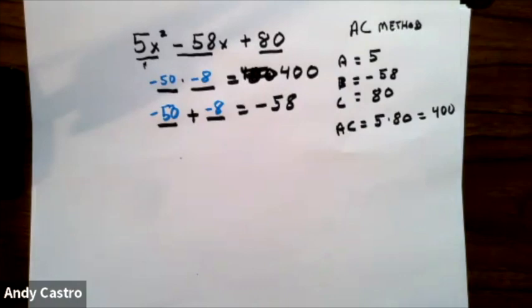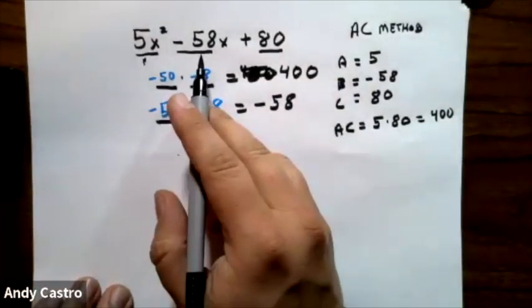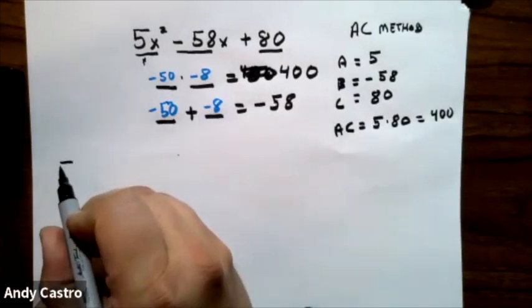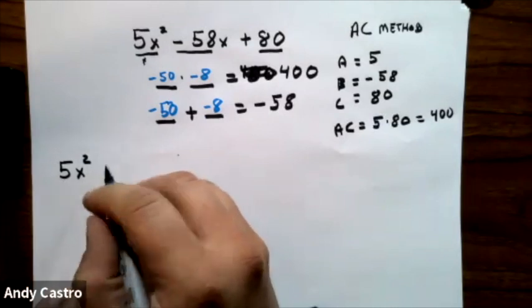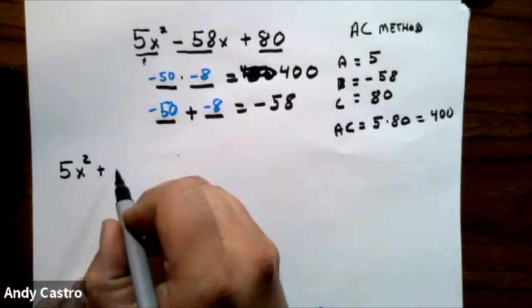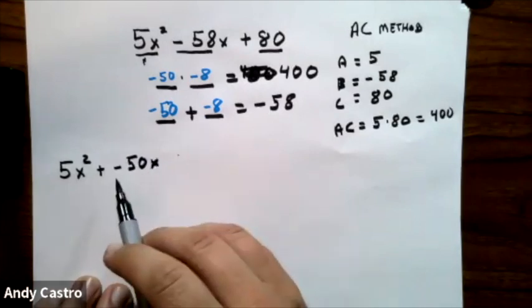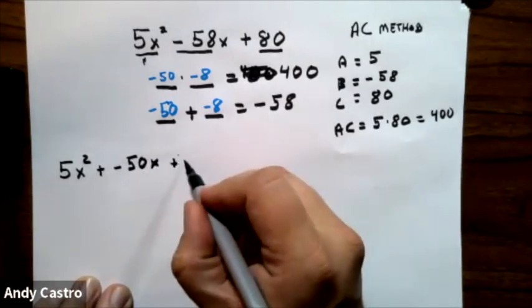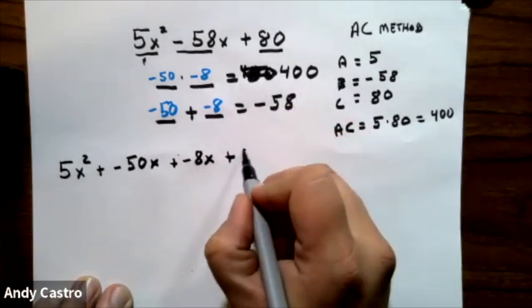So let's continue here. We're going to rewrite the quadratic, splitting that negative 58 into our two new numbers: 5x squared plus a negative 50x, and notice I'm using the plus a negative, plus a negative 8x plus 80.